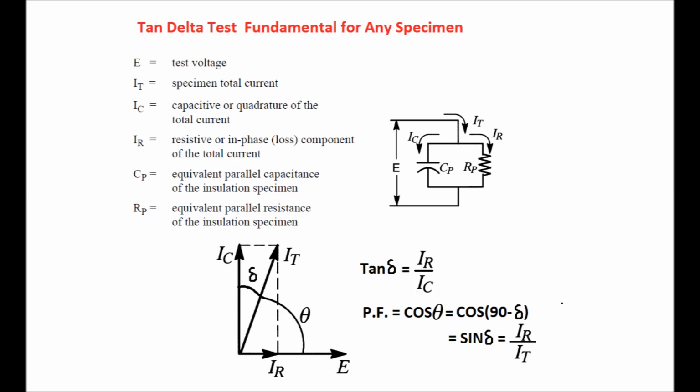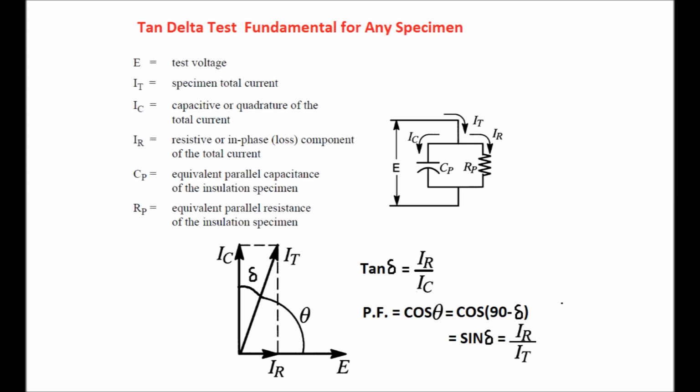For a pure insulator, there will be only IC, and IC will be in quadrature with the applied voltage, and there will be no IR, that is no resistive current. Since there is no ideal case, there will be some amount of resistive current. IT is the resultant current, the vector sum of IC and IR.